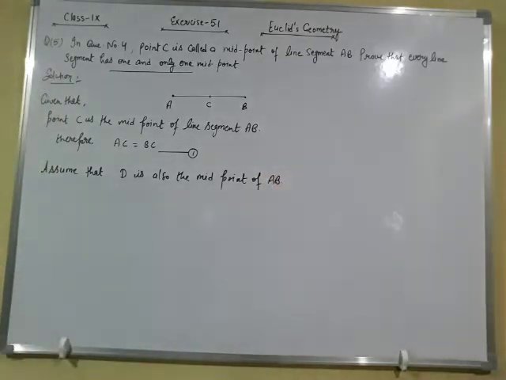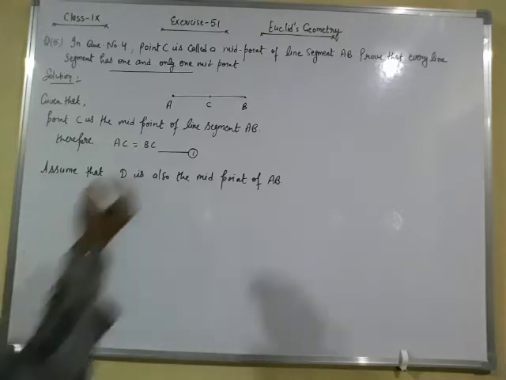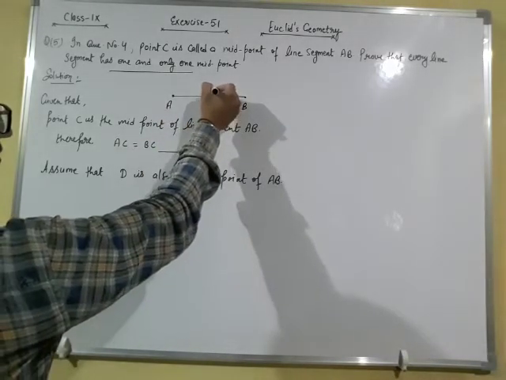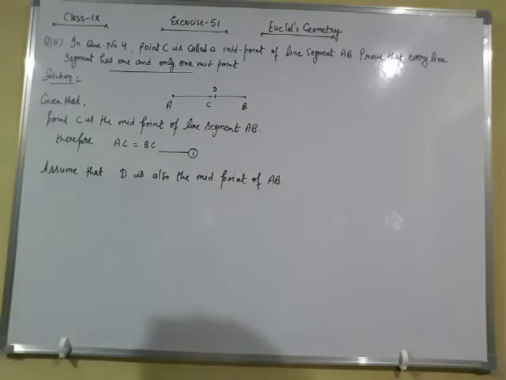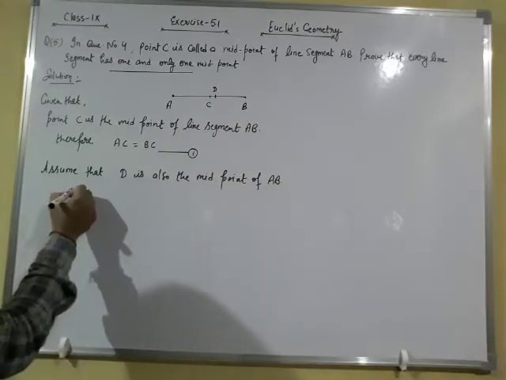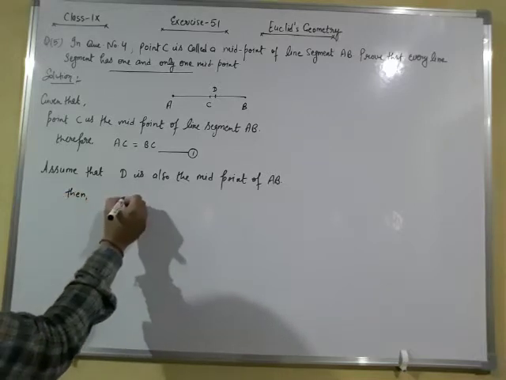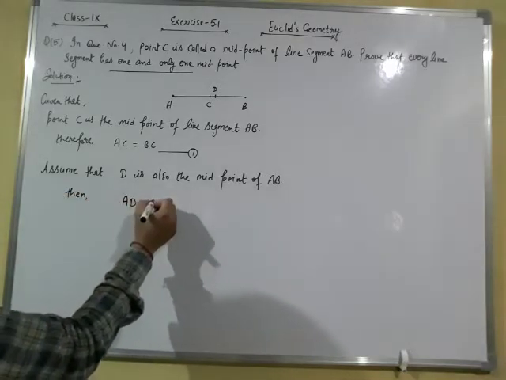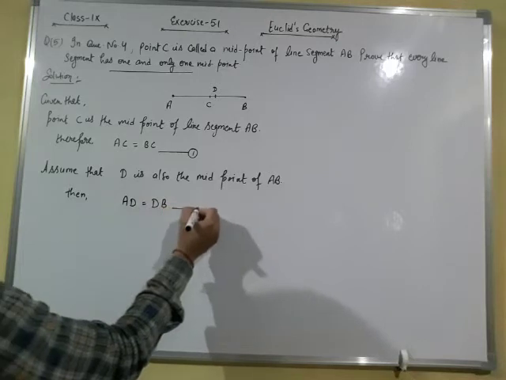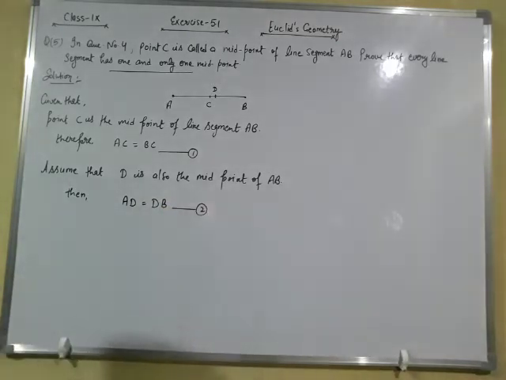Okay, we are assuming that D is also the midpoint of AB. Suppose D is here, point D. Okay, so if D is the midpoint of AB, then we have AD will be equal to DB, and let this is your equation number 2. Now what can we do? Subtract equation 1 from equation 2.